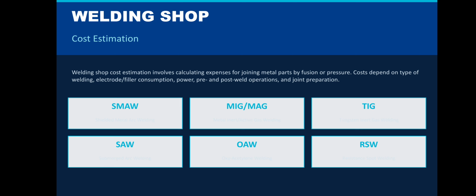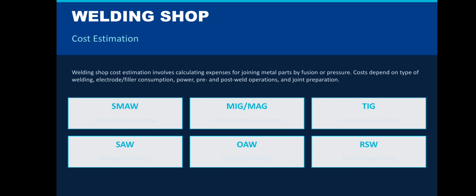Both are equal types of welding process. The third one is TIG welding. TIG means tungsten inert gas welding. It is the mostly used welding process.